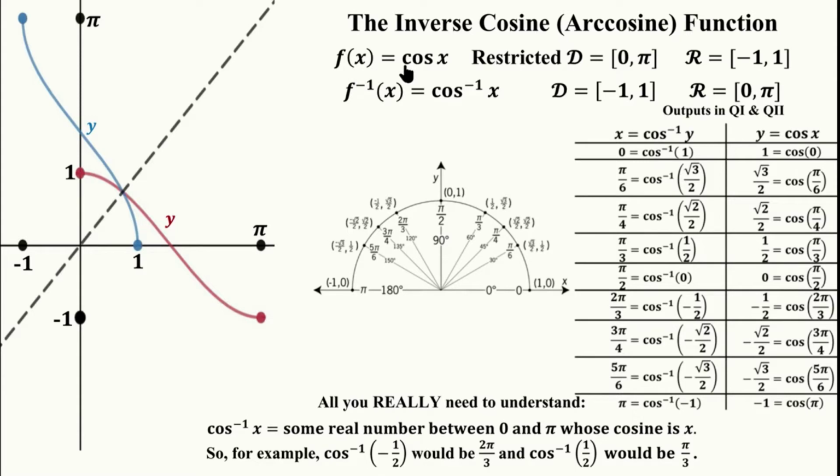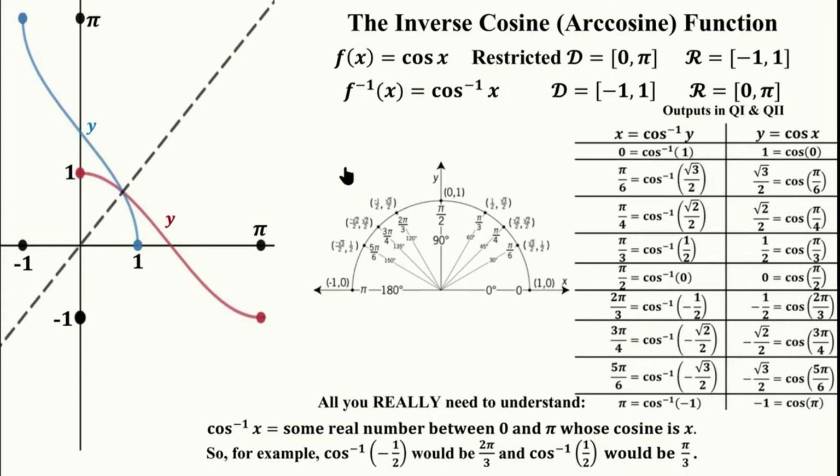So the main function here, whose inverse we're finding, is f of x equals cosine x with this restricted domain, and of course the range being -1 to 1, because as you go from 0 to pi, cosine takes all these values, from 1 all the way to -1. You can see that it's a decreasing function because it starts at 1 and then slowly the values become smaller till they reach 0 and then into the negative region until we get to -1.